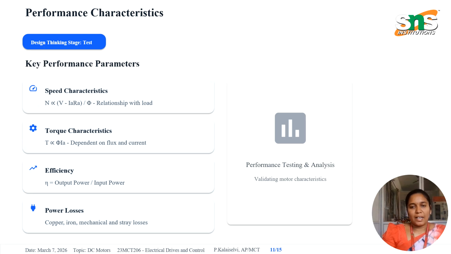And then performance characteristics. The important performance parameters include speed characteristics and torque characteristics. Speed is approximately given by N directly proportional to (V minus Ia Ra) divided by flux. So speed depends on voltage, armature current, resistance, and flux.